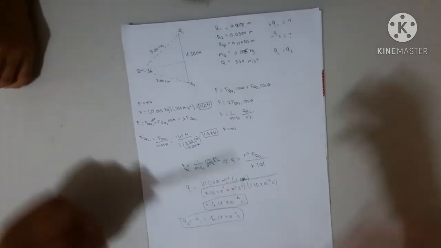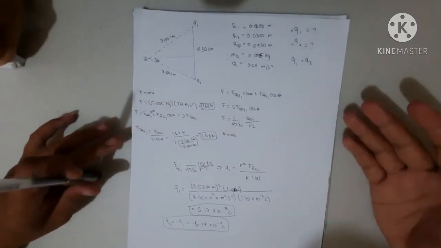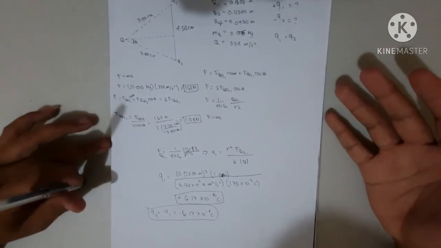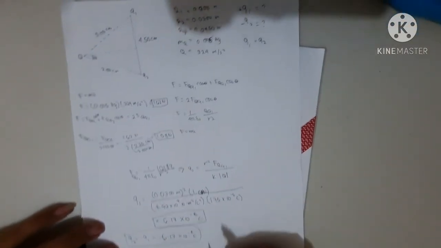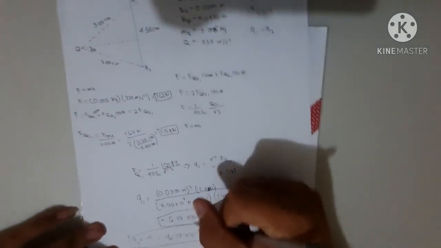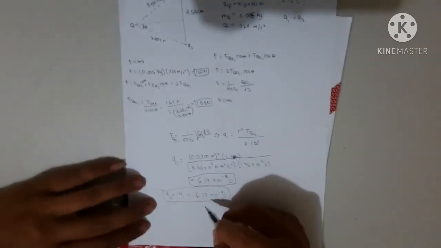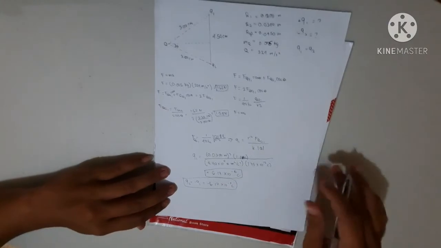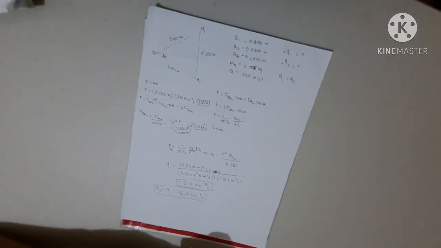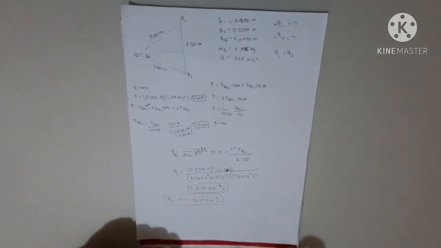As I've said earlier, Q1 and Q2 are equal in magnitude but have opposite signs. So Q2 is equal to negative Q1, which means if we change the sign of Q1, we will have negative 6.17 times 10 to the power of negative 8 coulombs. And that's how you solve problem number 2. That's all.